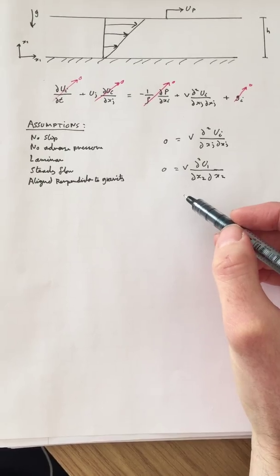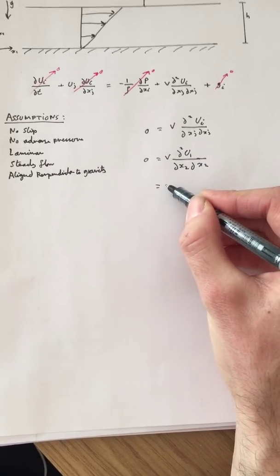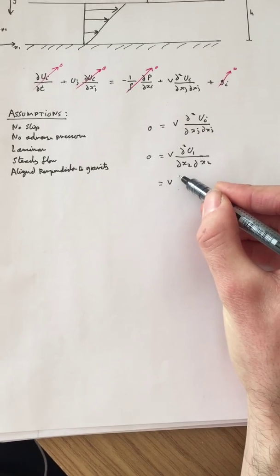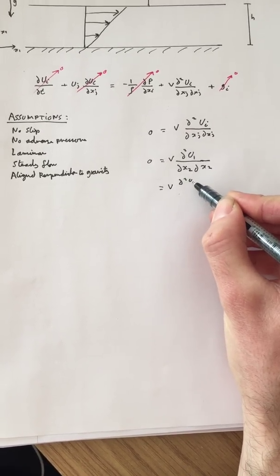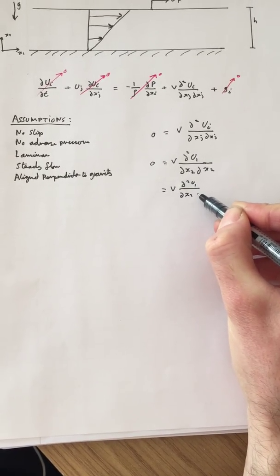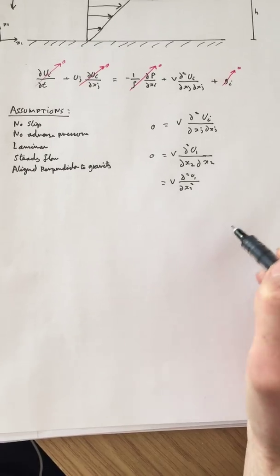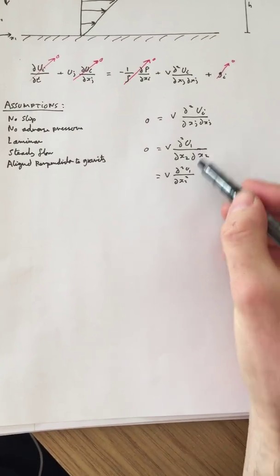That's just a two-dimensional case. This here holds. So then this here is equal to, that's perfectly okay to go from this stage to stage.